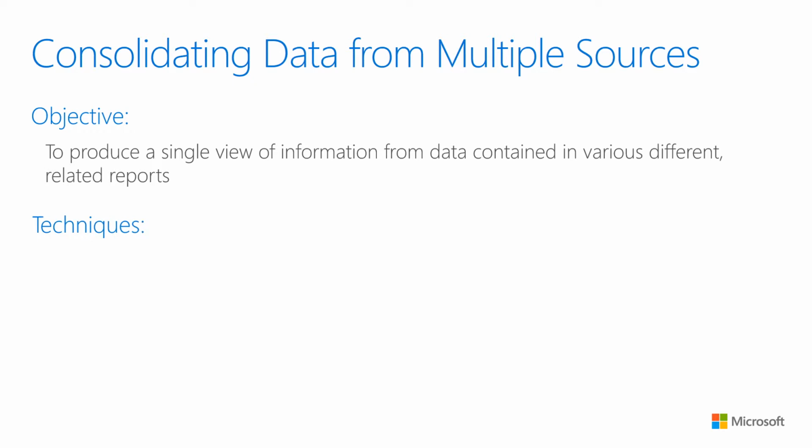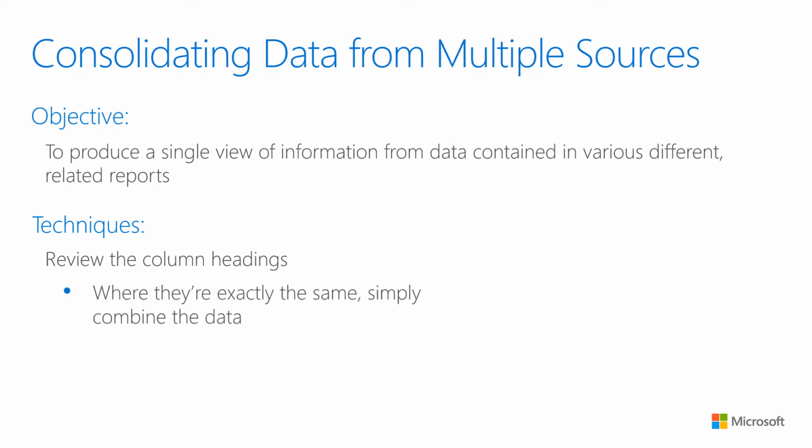Now, there are a couple of techniques you can use depending on the column headings on the reports that you're working with. If they're exactly the same, perhaps the reports come from different subsidiaries or departments showing the same information but for those different locations, you can simply combine the data by copying and pasting it into one report.